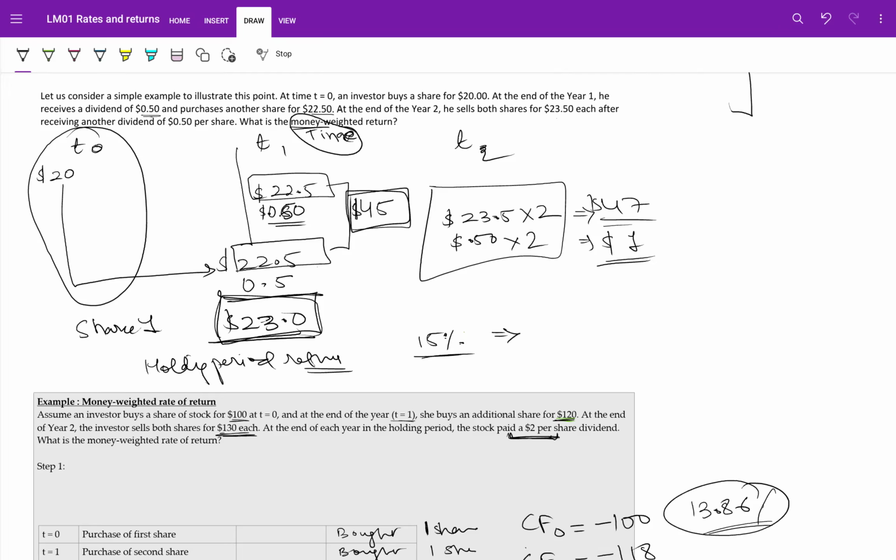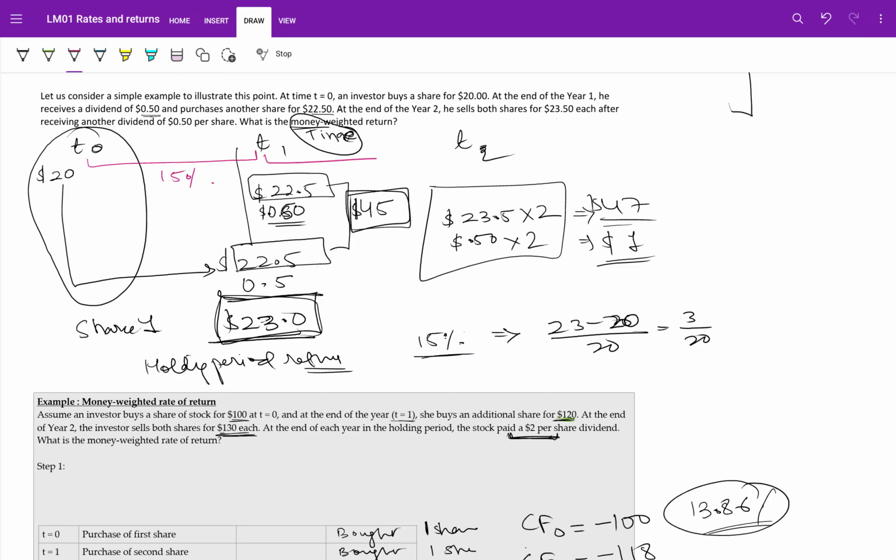It is 23 minus 20 divided by 20, the holding period formula, if you remember, 3 by 20. The holding period return for time 0 to time 1 is going to be 15%.